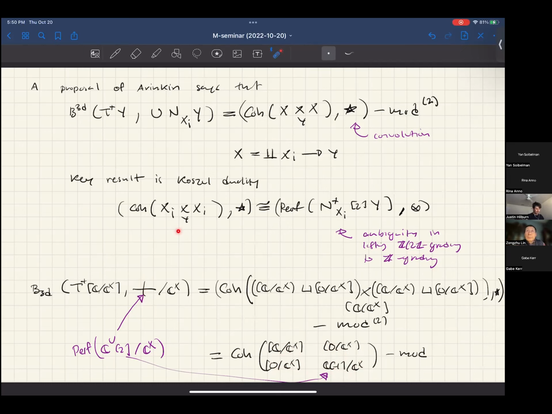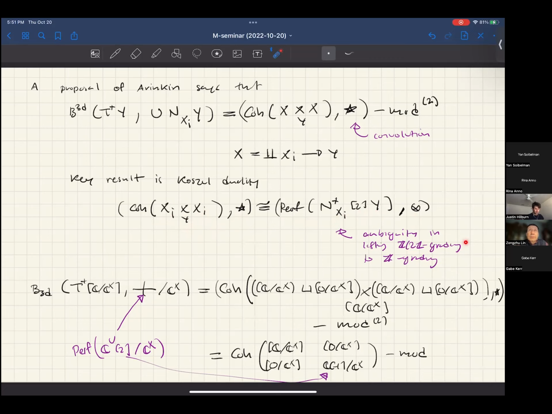And that basically is this Koszul duality here, where if you do the self-intersection of X with itself over Y, and you look at that as a thing over convolution, then that's Koszul dual to just perfect complexes on the conormal with a funky degree shift, and then just with the ordinary tensor product.